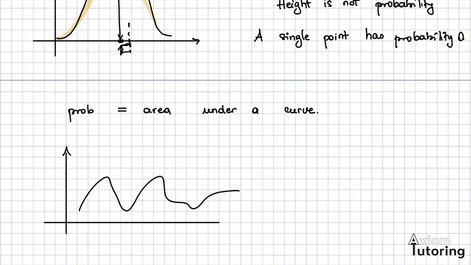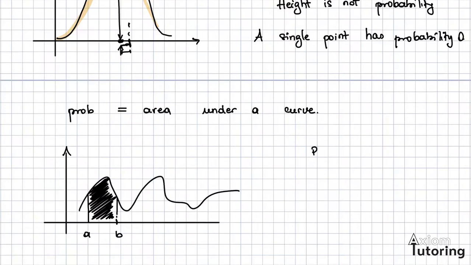And even in this particular one, your probability of seeing a value that, let's say, is between value A and B is literally the area covered by where these two values are indicating your range.